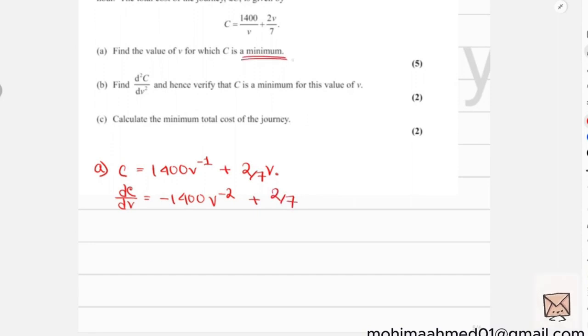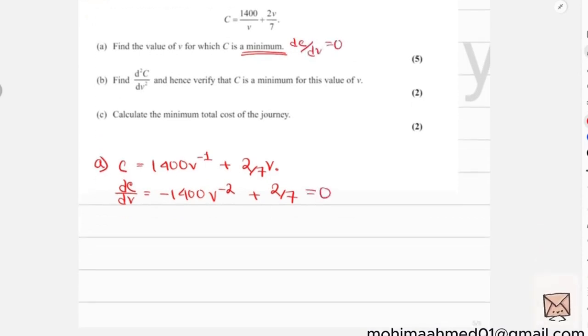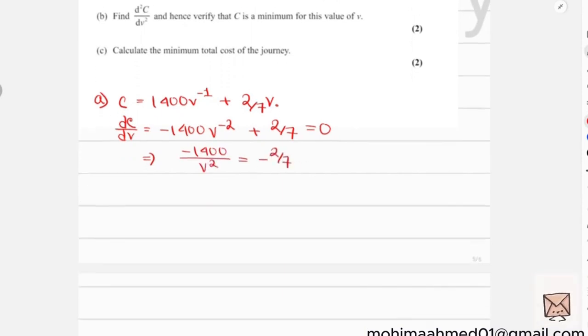Now this was a case for when c was minimum, which means it was already given that dc by dv was 0. So this entire differentiated equation will be equal to 0. I'll write this as 1400 over v square equals 2 by 7, right? And I'll just make v square the subject, which is 1400 over 2 over 7, and this entire thing will be inside a root, right?